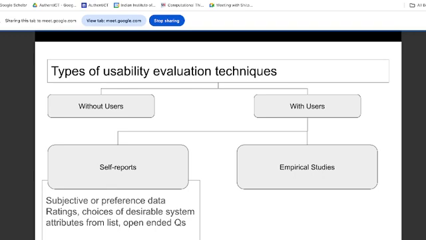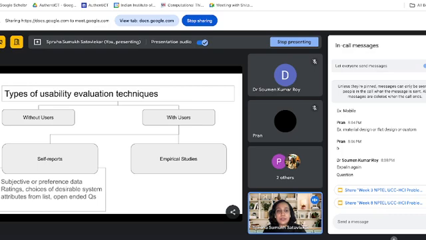You can ask the users to give their feedback in terms of a rating of the system on some Likert scale, maybe a 1 to 10 point scale, or 1 to 7, or 1 to 3 points, depending upon your requirement. Otherwise, you can also give them choices of desirable systems. So there would be three different options provided to different users, and we can collect their opinions about these three different options.